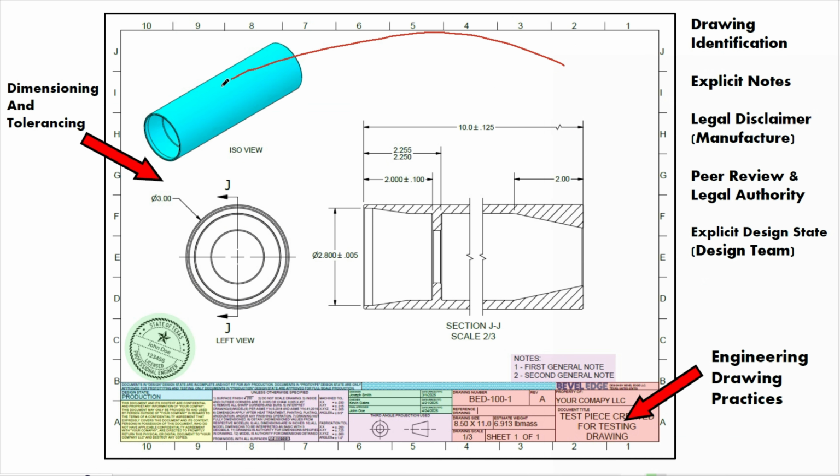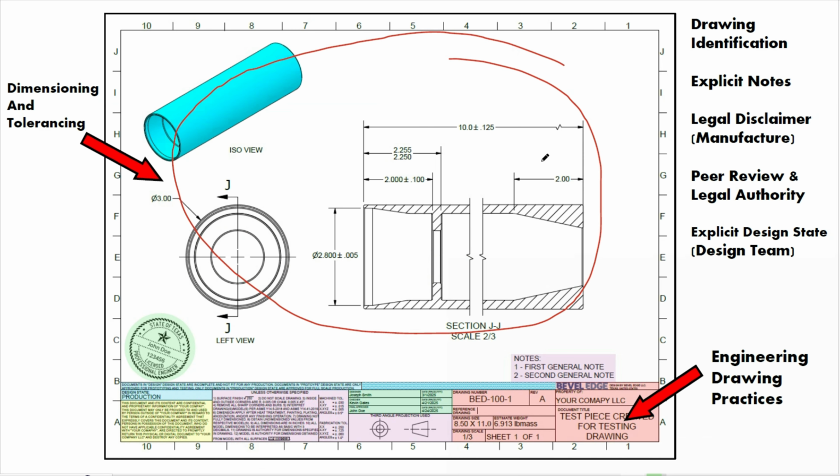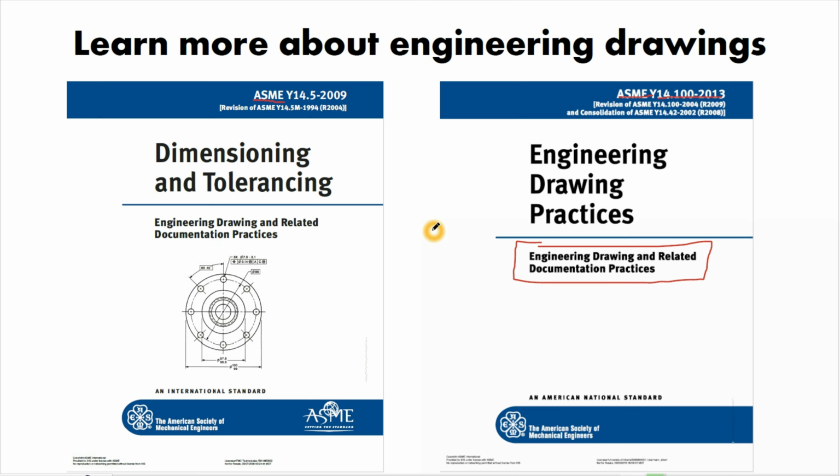That covers this section of an engineering drawing for the most part. And Y14.100 covers the highlighted sections that we just talked about. This is worth mentioning as an additional resource if you want to dive deep into those details. In this video, we're not going to dive that deep and will keep it surface level.